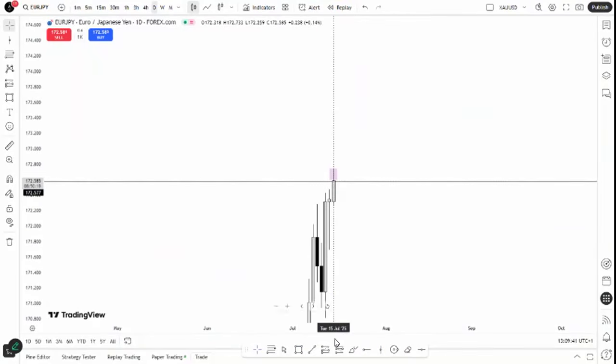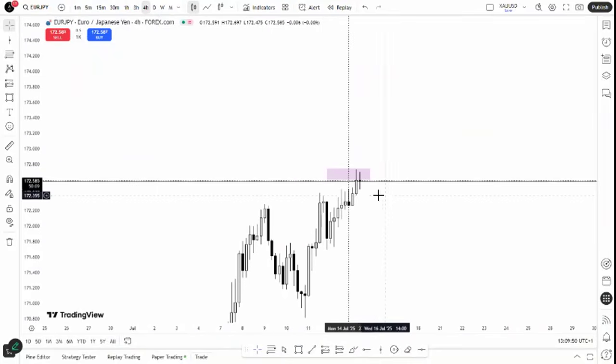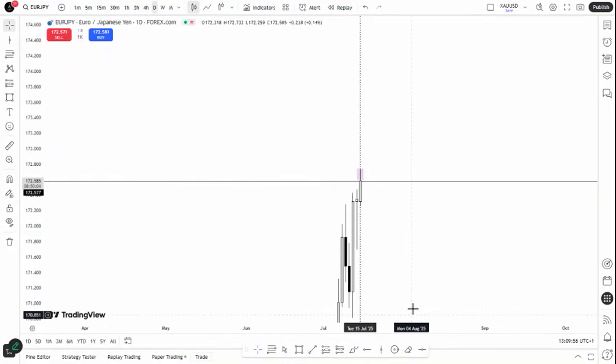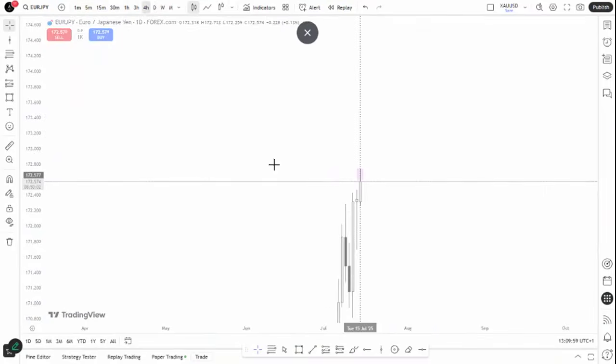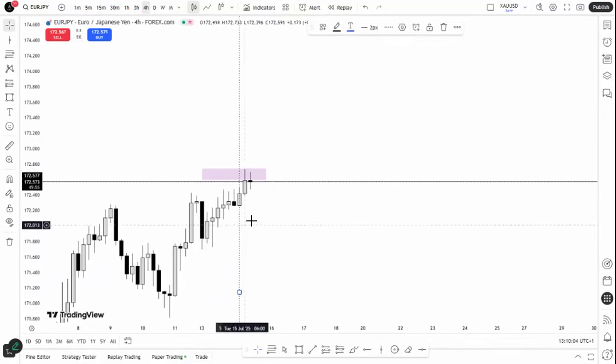This is 15 July 2025. Now I'm going down to the 4 hour time frame to check if there's a break. Today is the 15th, right? This line is on the 14th, so I adjust it back to the 15th. Okay, so where did that tap occur? It happened inside this plate here.